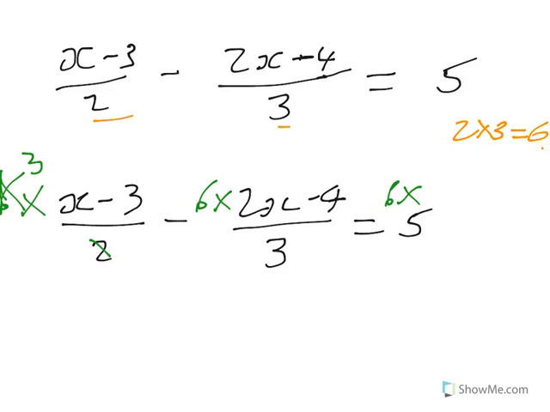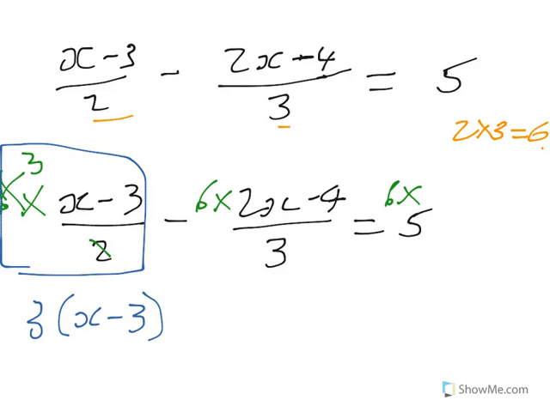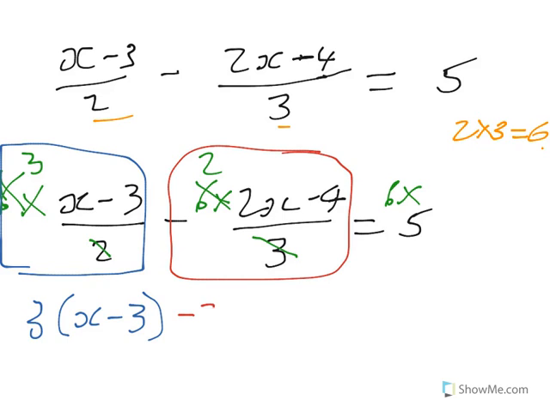In the middle, which then leaves me with, for that particular first term, and I'll do it in blue, for this term here, I've now got 3 outside of x minus 3. The next term, 3 goes into itself once and into 6 twice. So what I then end up with, and I'll do that in red, is minus 2 outside of 2x minus 4. And there's no cancelling on the next one, 6 5s are 30.